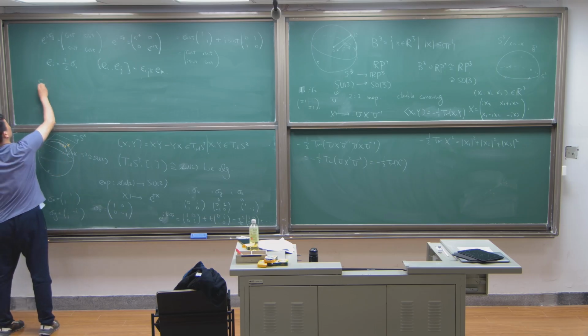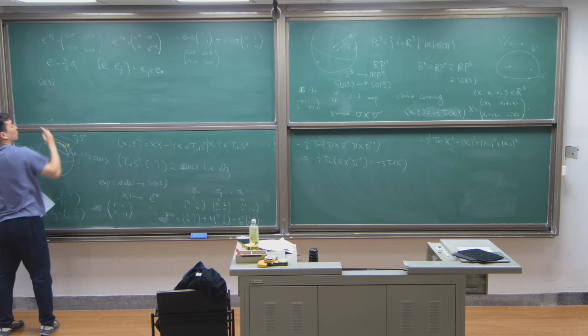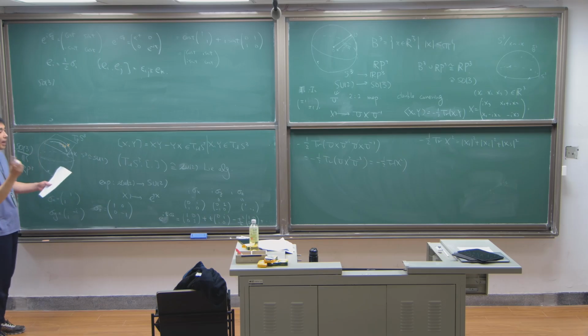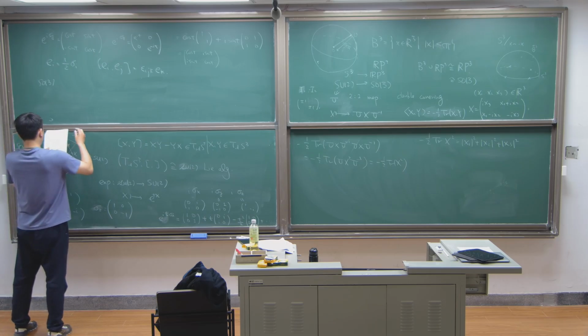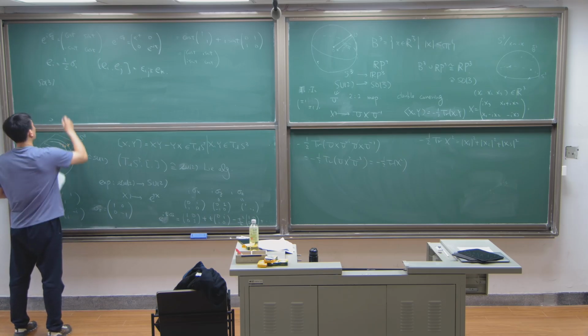So SO3 is a rotation: rotation about the x-axis, y-axis, and z-axis. That is the tangent space.